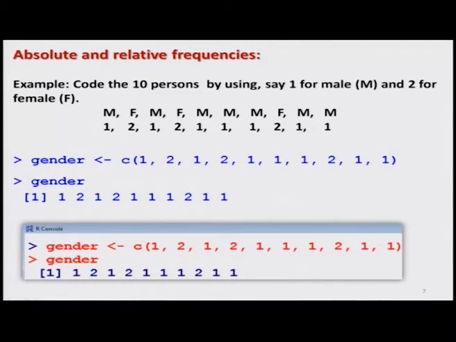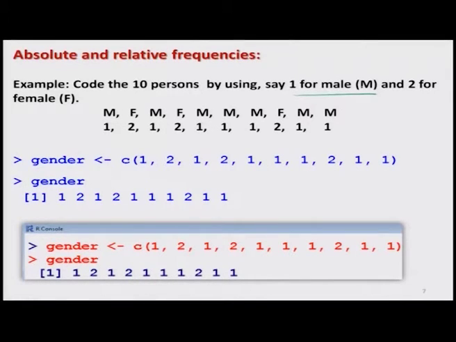Now, you see, when you want to make any mathematical computations on a function, you cannot do it with the category expressed in terms of male and female, because these are alphabets, right. So, I need to convert it into an indicator variable.